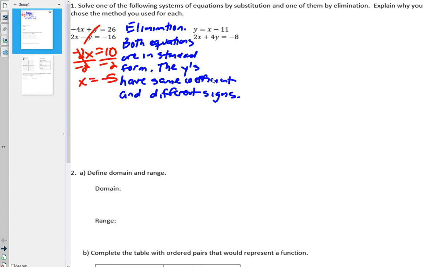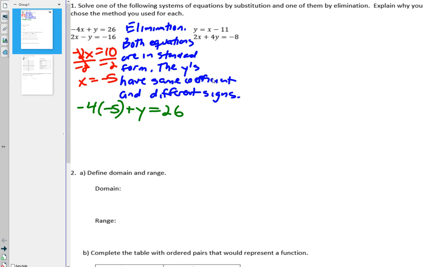Yeah, one has a positive in front, one has a negative. If I were you, I would try to avoid that negative like the plague because that's just one more thing that could go wrong. So I would stick to the y that's positive. But that's not because you have to. It's not a mandate, it's just a recommendation. -4, not times x, but times -5 because I just found x, plus that y that I'm looking for is equal to 26.